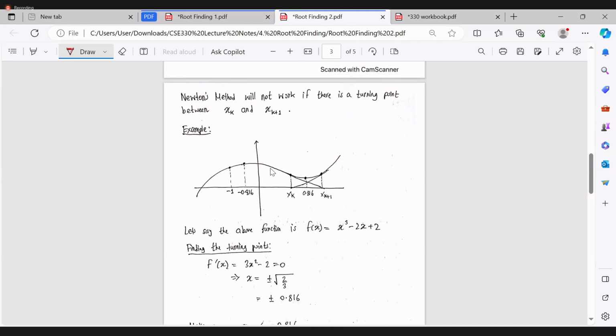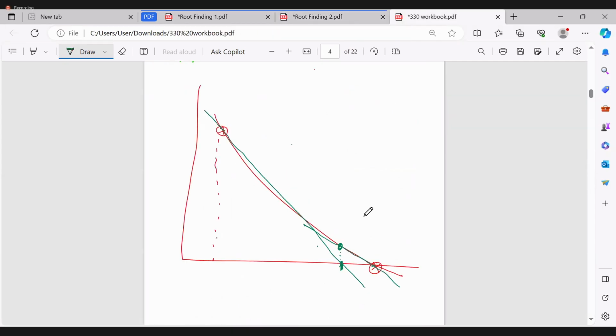If there is a turning point like this, you get a tangent and you cut it at this point and you backtrack and you get another tangent, and you're seeing that you're getting the same value back. Let me draw it a little bigger.